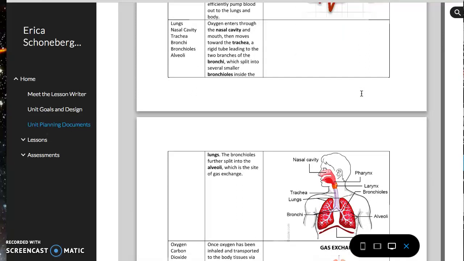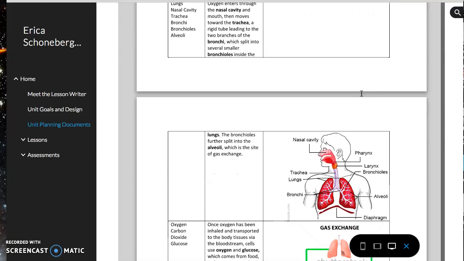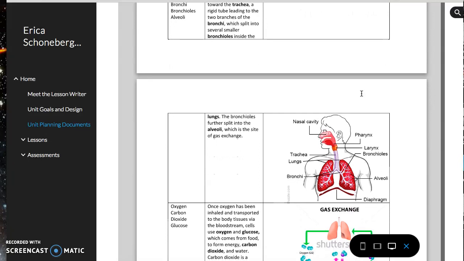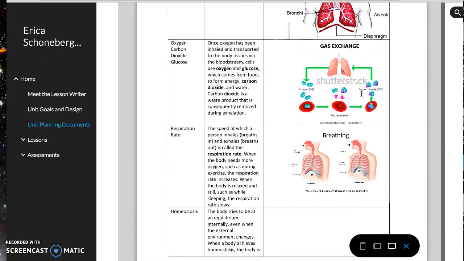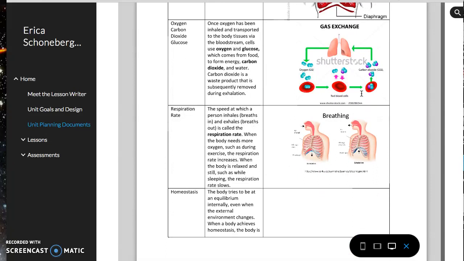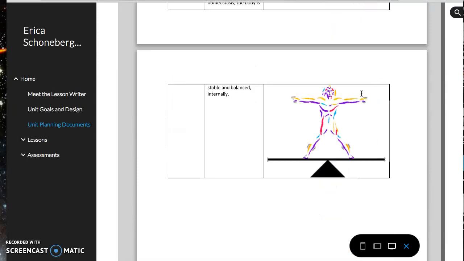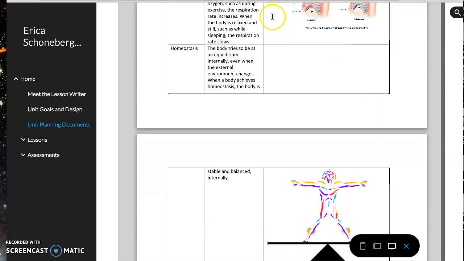And we have some terms for the respiratory system as well. Finally, we have the gas exchange terms, oxygen, carbon dioxide, and glucose, and the concept terms of respiration rate and homeostasis.